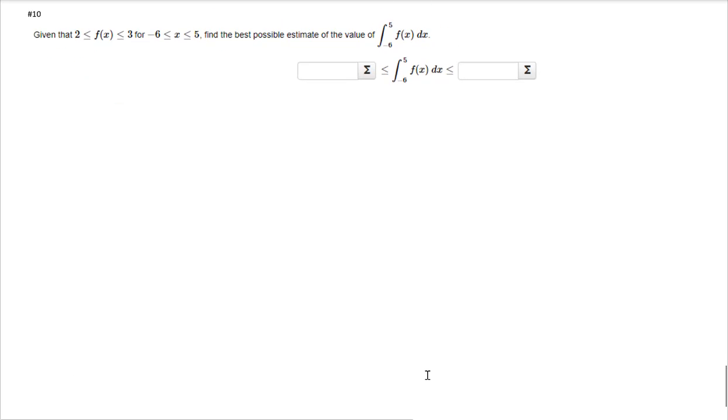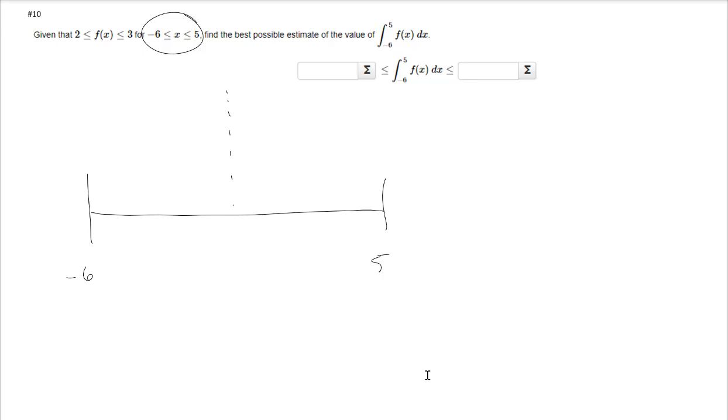Last but not least, a really easy problem that looks really complicated. Okay, so we're doing x from -6 to 5. And then our f of x function, let's do the axes right here. That's our f of x function, and that is bounded in between 2 and 3.